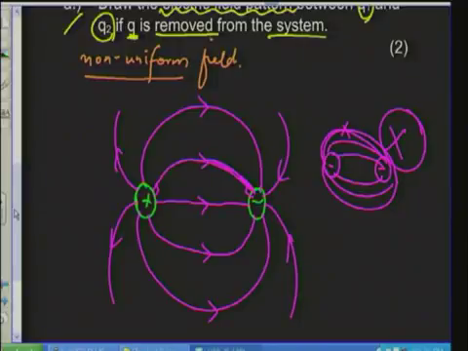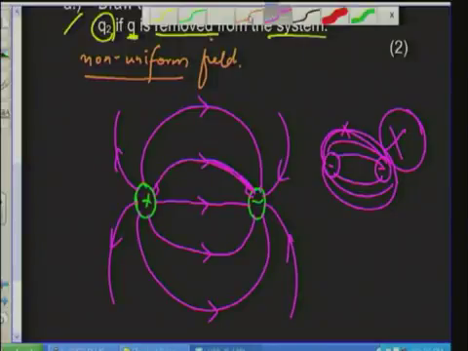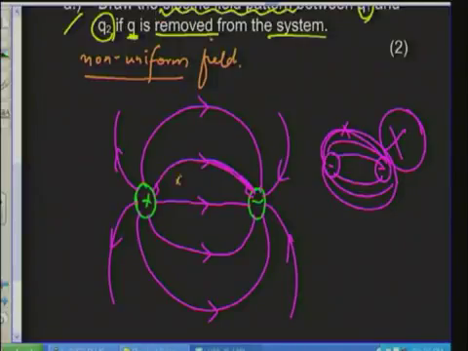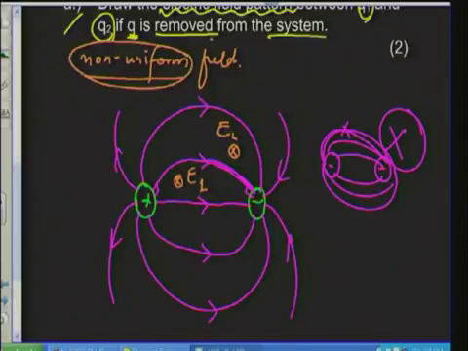Now, I also said to you that here we're talking about a non-uniform field. The field strength at this point, for example, is not the same as at that point. Okay, it's different. So E2 is not the same as E1. Why? Because the field is non-uniform.